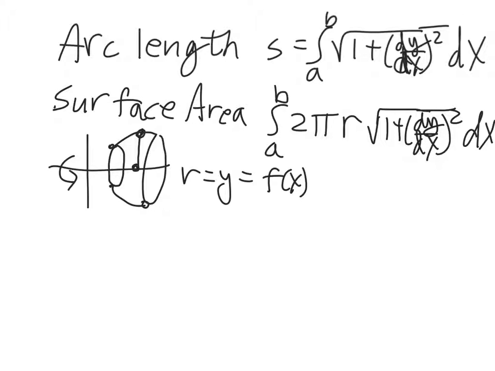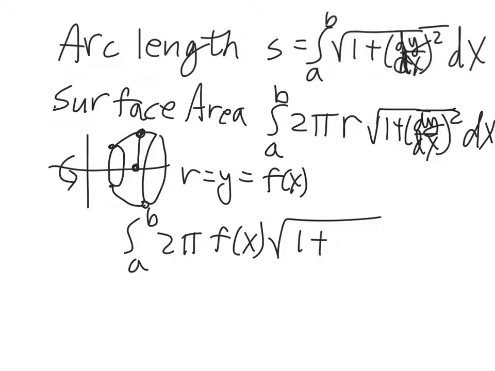So revolving about the x-axis, it'll be 2 pi f of x. What if it's in terms of y? Yeah, we'll take a look at what happens there. It's actually easier than you think.